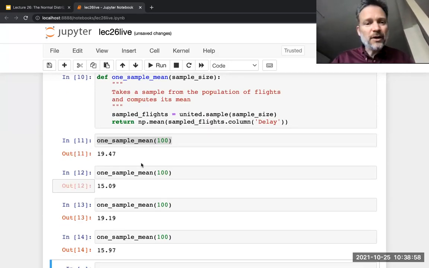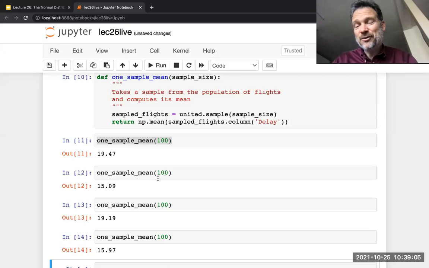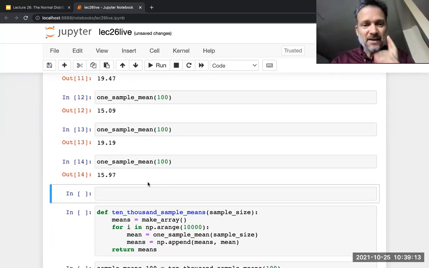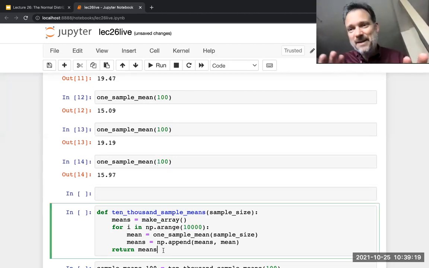So now you might wonder, if we took a lot of samples and took the sample average for each of those and looked at the distribution, what would that distribution look like? That's what I'm going to do next. I'm going to repeat this process, but now not 3 or 4 times, a whole bunch of times.